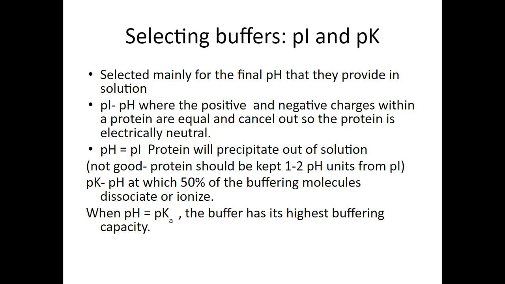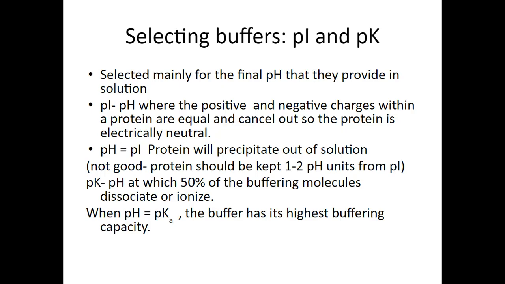So when the pH of the solution equals the protein's isoelectric point, the protein itself will just fall out of solution. Because that's where the positive and negative charges within a protein are equal, and they cancel out. So the protein's just going to be neutral. It's going to fall out. That's not good if you're trying to store your protein.